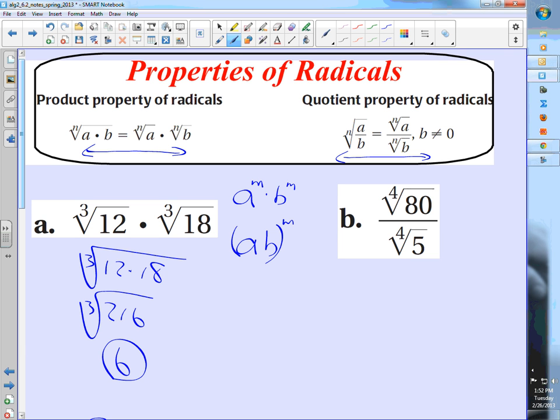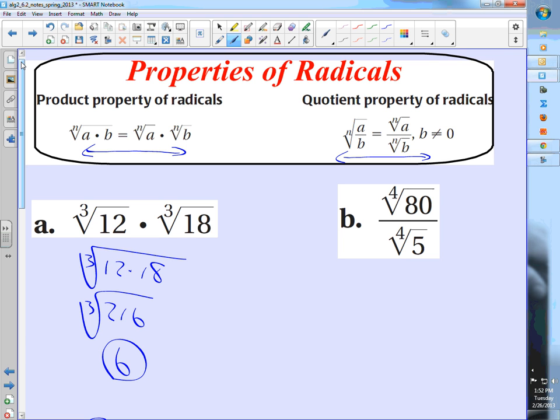So this times this is like this, and the power would be 1 over n if you think about it with fractional exponents. Same idea, and same thing with the quotient. It's the power of a quotient. This is the radical of a quotient. Same idea. Good question.